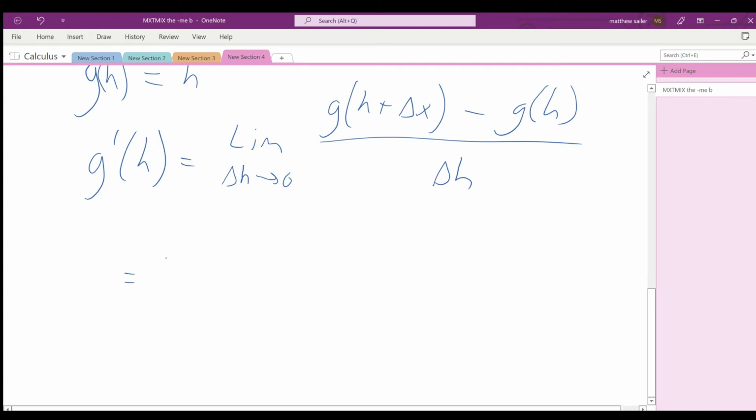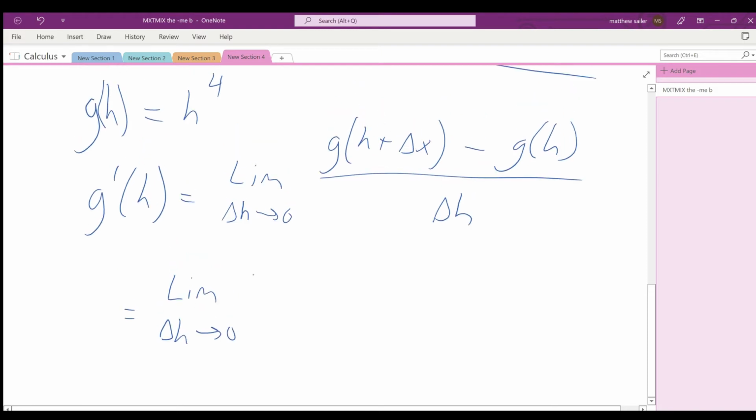So this is going to equal the limit as delta h approaches 0 of h plus delta h raised to the power of 4 minus h to the 4th over delta h.